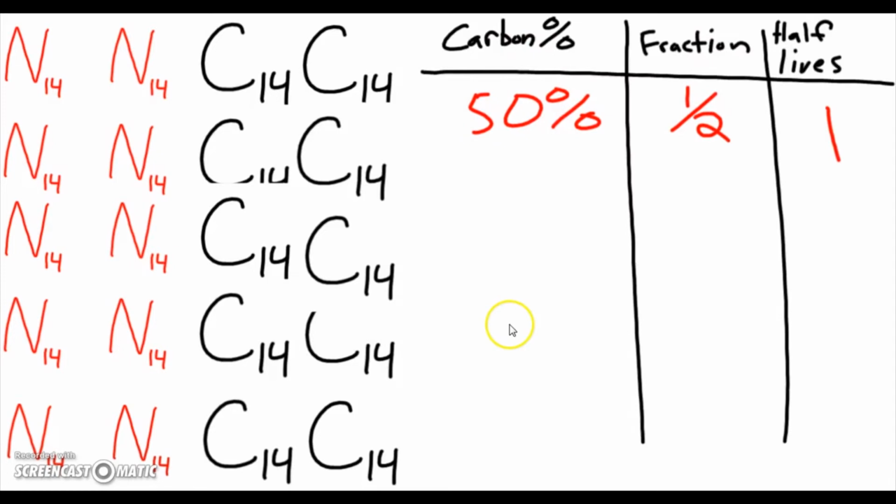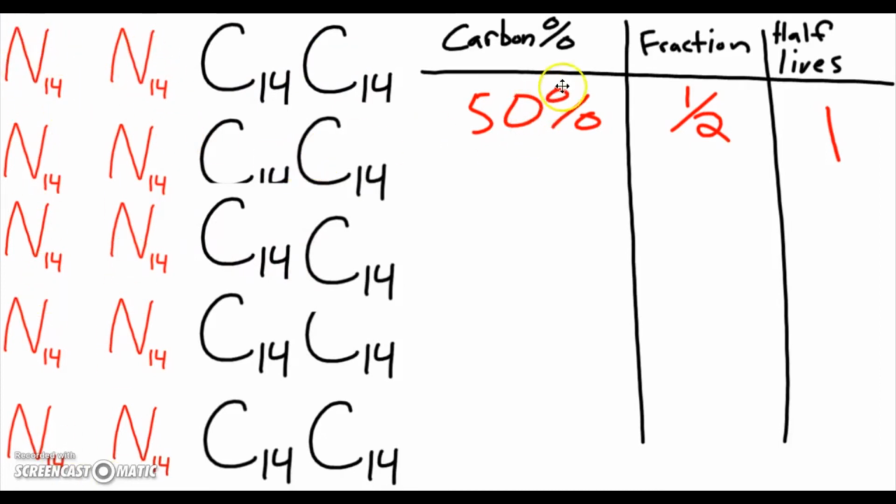So story time. A long time ago, in a cave, poor little Casper, the caveman, died in a cave, and so the cave became like a grave, and Casper's body is still there. Okay? Now, 5,700 years went by, and half of the carbon-14 in his body turned into nitrogen-14.